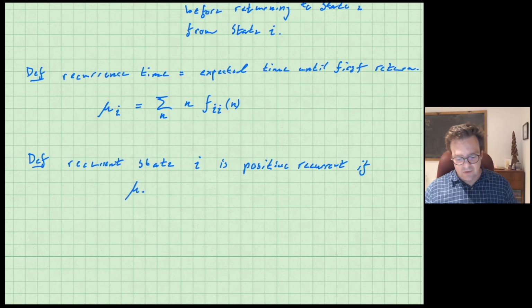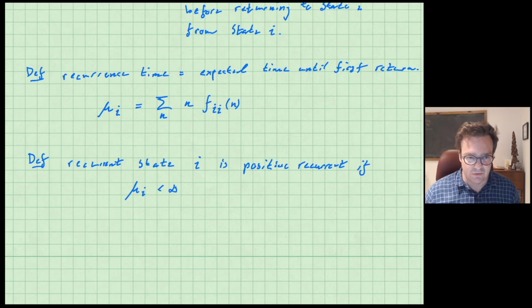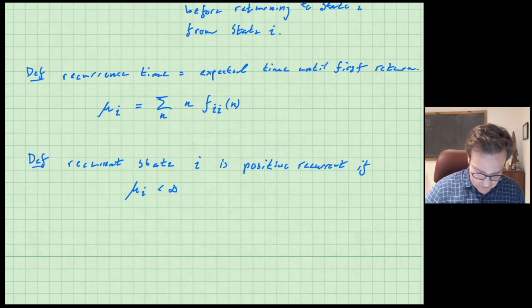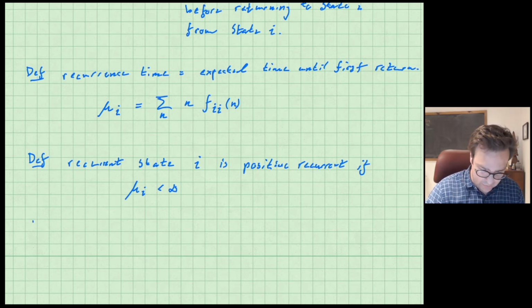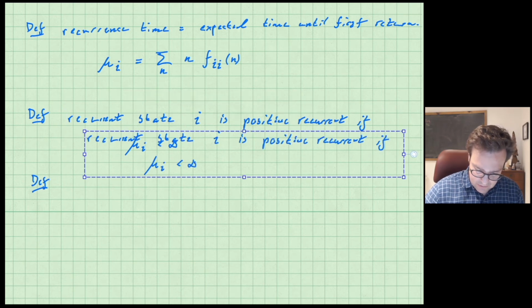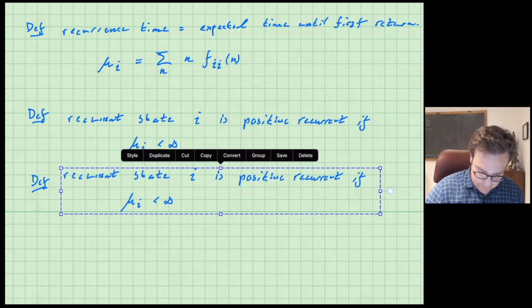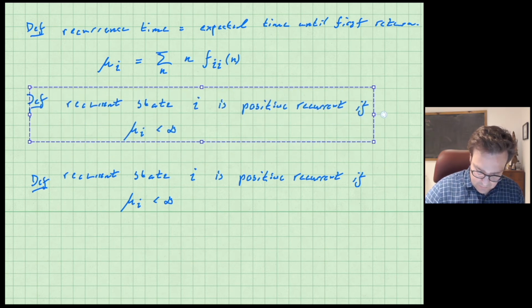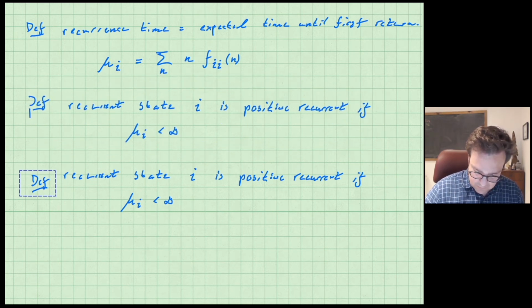That means that the recurrence time is finite. Then we say it's positive recurrent. And as another definition, same kind of thing, if it is equal to infinity, if it's an infinite thing, we have a different name for it. We say it's null recurrent.